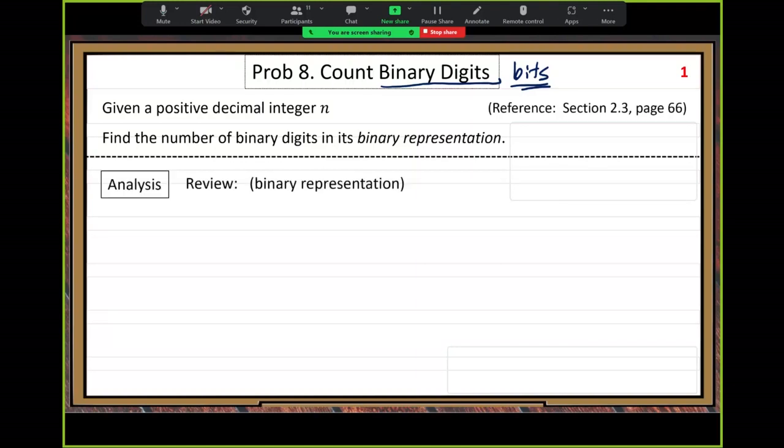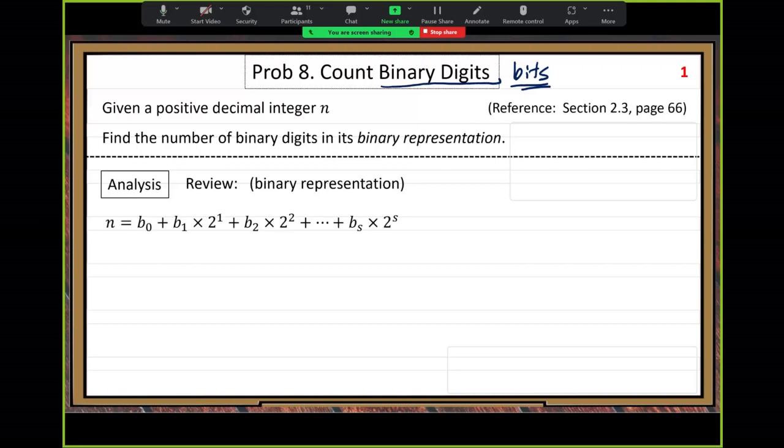Analysis. First, let's review binary representation a little bit. In your discrete math, you have a section explaining this binary representation.